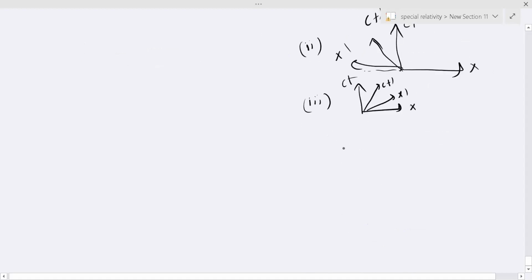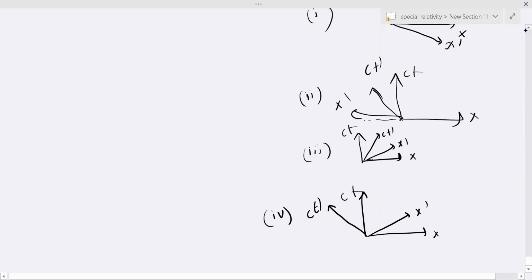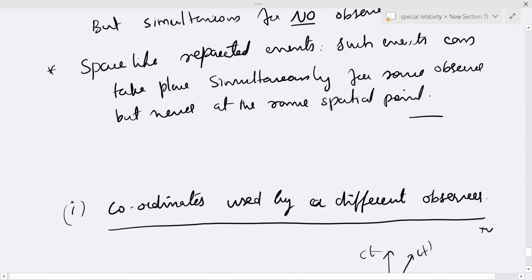There are all sorts of options. You could also look at ct x and x prime ct prime. This is the 4th option. Which one would you choose? Do you understand the question?